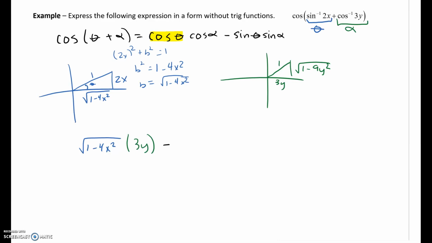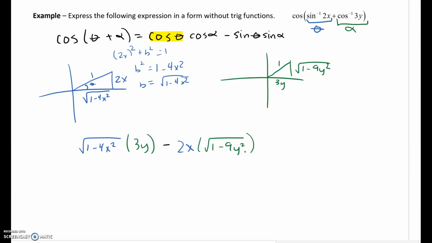We're looking at the blue triangle again, 2x over 1, which is 2x, times the sine of alpha. So that's the square root of 1 minus 9y squared.